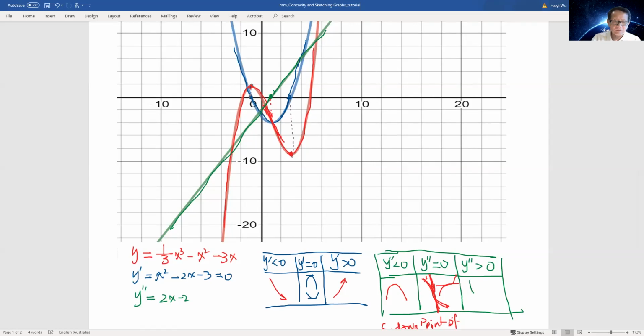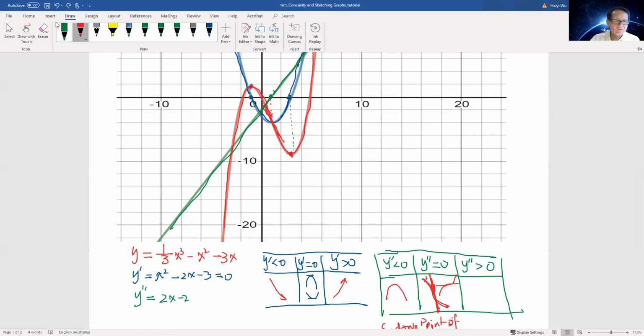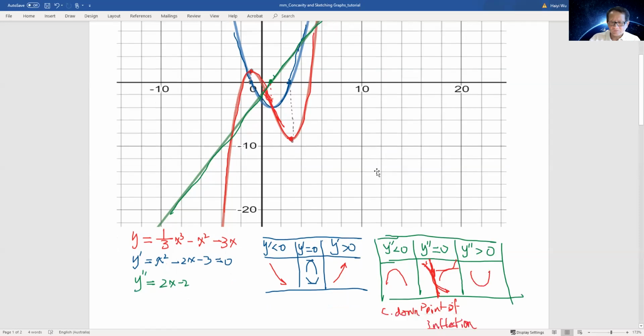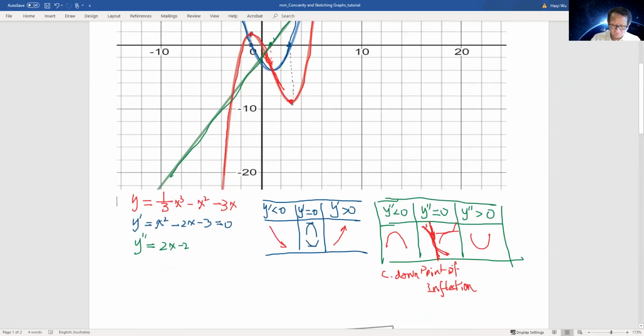So I'm not going to change to red color again. So the graph is concaved up. So we go concave up.